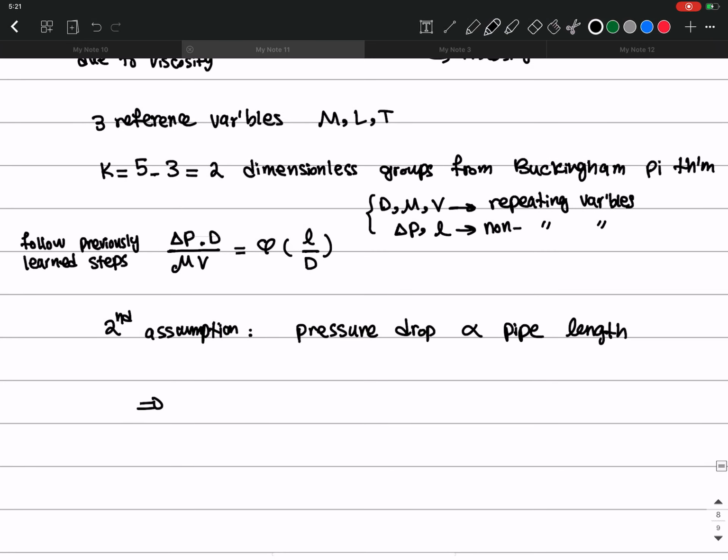And so I can write that delta P over mu V over D equals C, a constant of proportionality, times L over D. I assume that this relation between them is linear. They are proportional linearly. Okay, so C, a constant of proportionality.